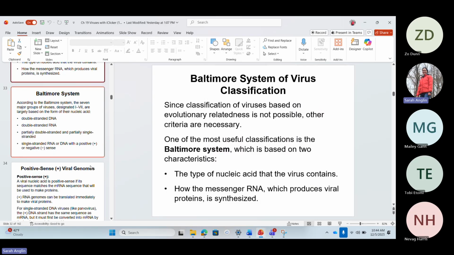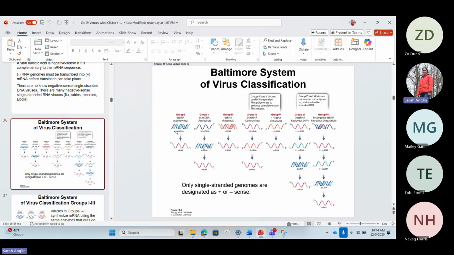Because when we look at how it's laid out, we notice that anytime there's a single strand of nucleic acid, there's either a positive or a negative sign associated with it. When it's double-stranded, there's no positive or negative sign associated with it. It's only when there's a single strand, and that's to help us identify if the nucleic sequence in that single strand is the same sequence as the mRNA strand that is used through translation to make viral proteins.